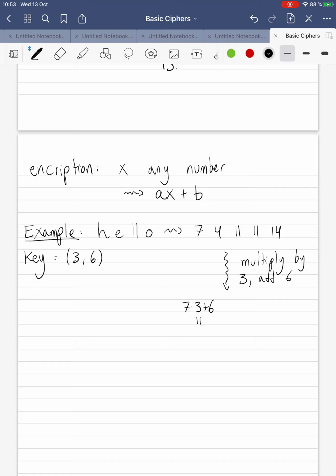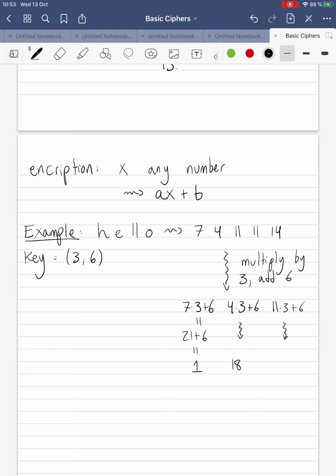So 7 times 3 plus 6 is 21 plus 6, which is 27, which is just equal to 1. 4 times 3 plus 6 is 12 plus 6, which is 18. 11 times 3 plus 6, running out of space here, is 33 plus 6, which is 39.